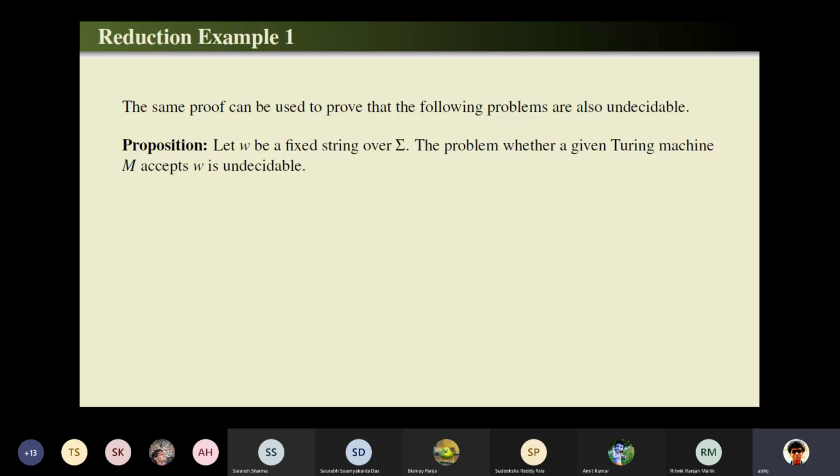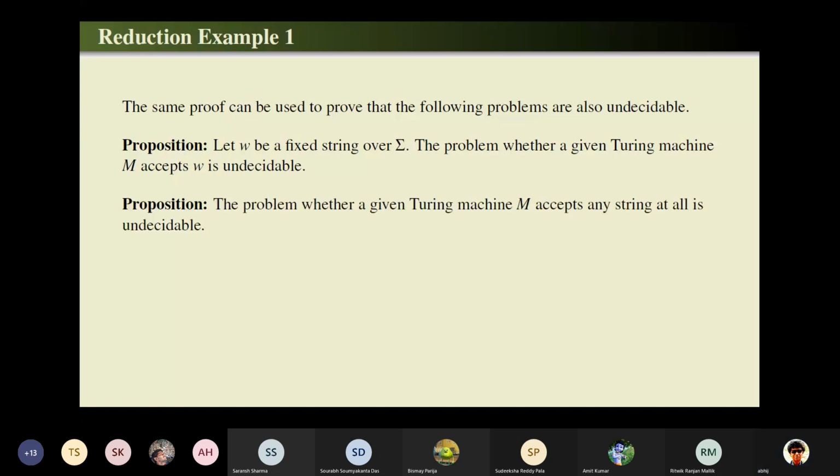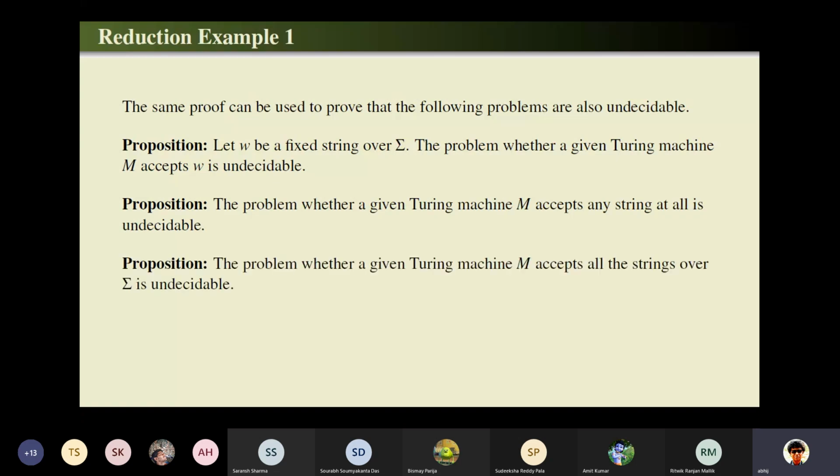So given any fixed string W, the problem whether the Turing machine M accepts W is undecidable. The problem whether a given Turing machine accepts any string at all, that is the same reduction. In one case it accepts everything, in the other case it accepts nothing.